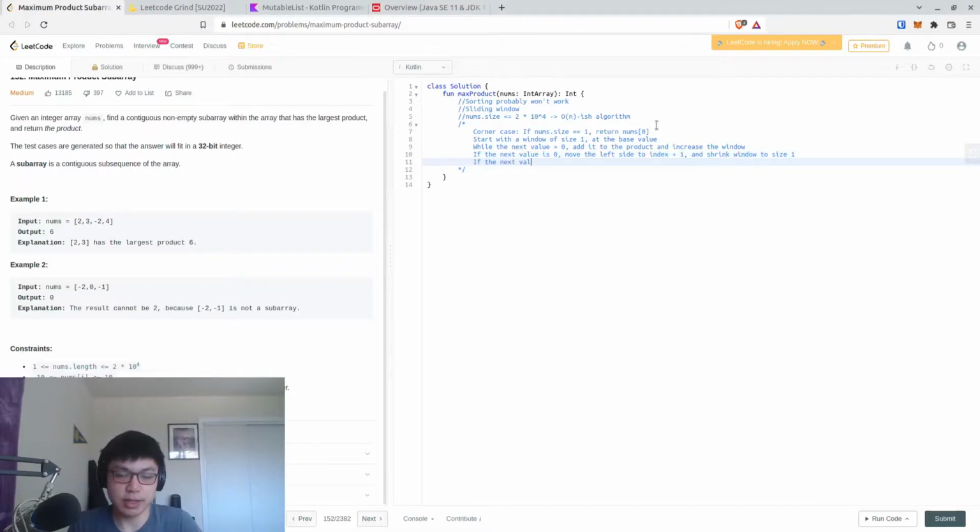If the next value is less than 0, then we have a bit of a problem. This number could potentially product up to a larger value if and only if we have another number which is less than 0.